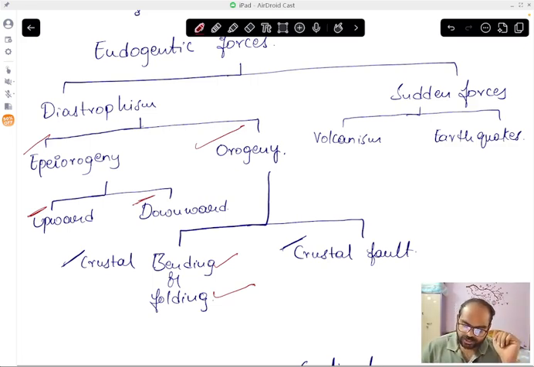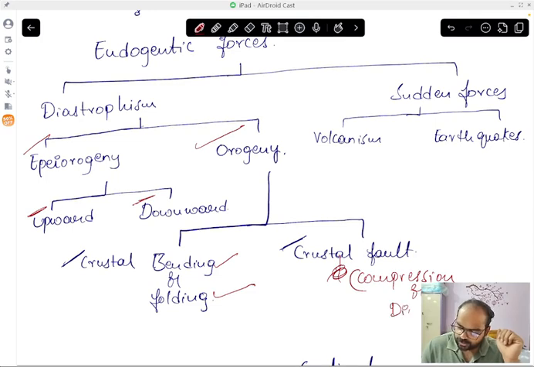And after that, crustal fault. Crustal fault means breakdown of the crustal part. Due to that breakdown of the crustal part, we can see formation of block mountains. This crustal faulting can also happen due to compression or divergence.